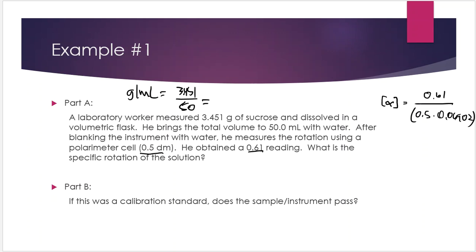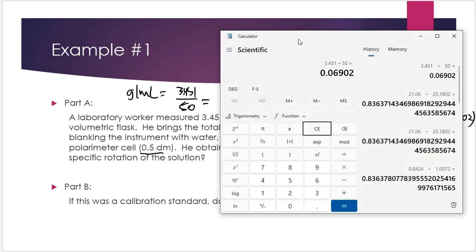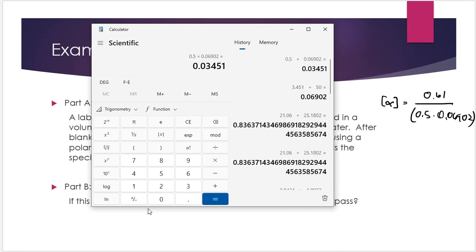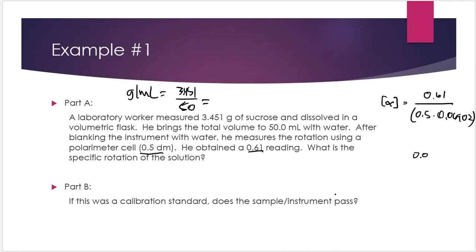You know me by now, I like to do things in little baby steps, and I'm going to clean up the bottom first. That's not a big deal. I'll take 0.5 and multiply by 0.06902, and then I hit enter. There we go, 0.03451.